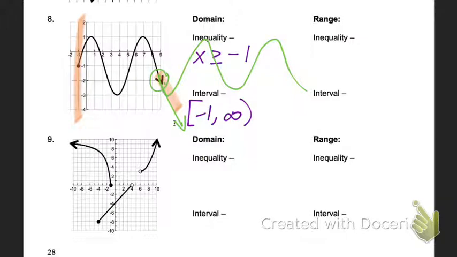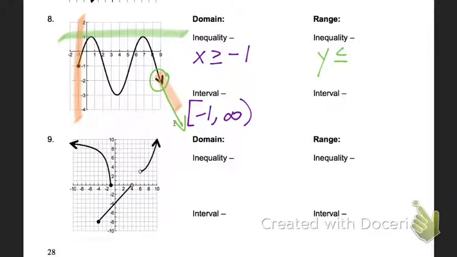If you treated it like it was just going down, reading from bottom to top, it starts at -infinity and stops at the highest point, which is +1. So you would say y is less than or equal to 1.